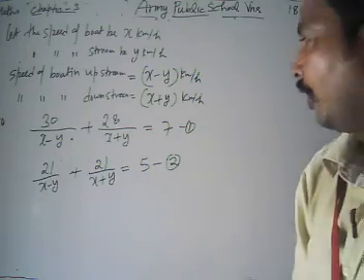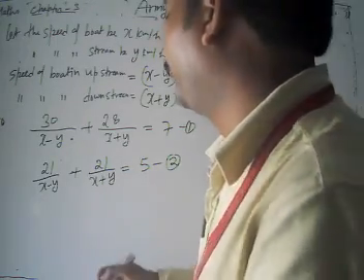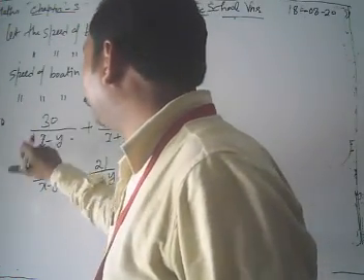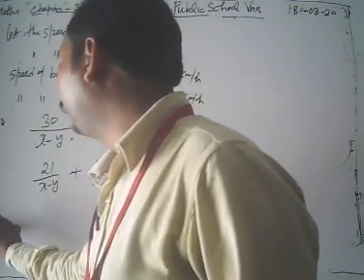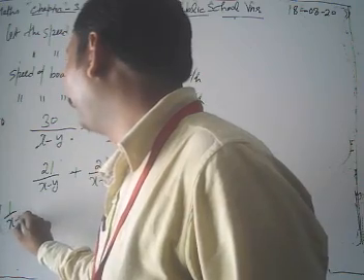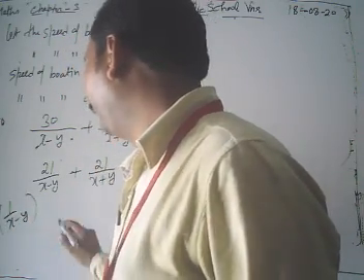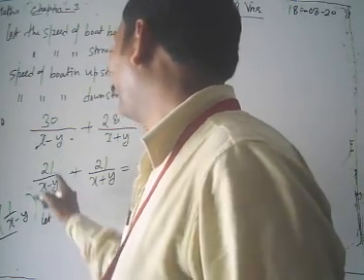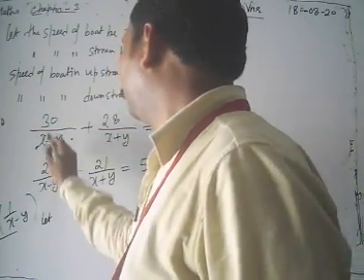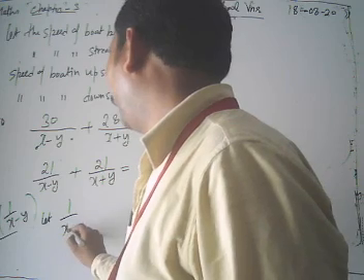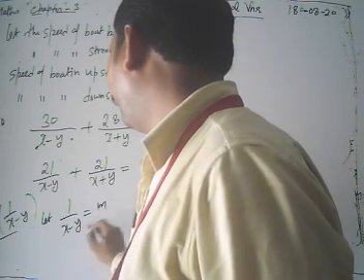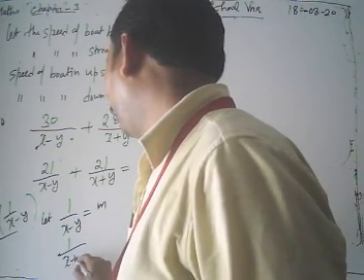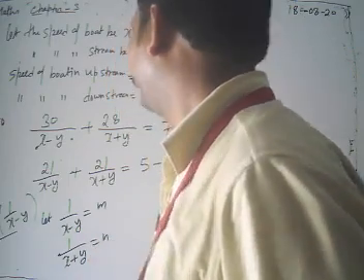Before we solve it, we can write 30 into 1 upon x minus y, and let 1 upon x minus y equal to m and 1 upon x plus y equal to n.